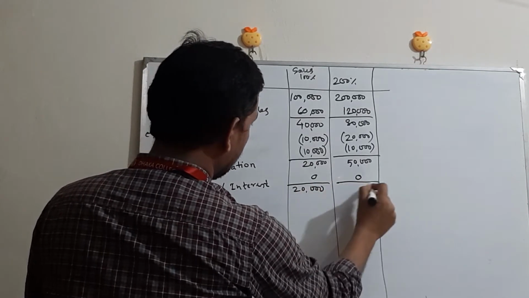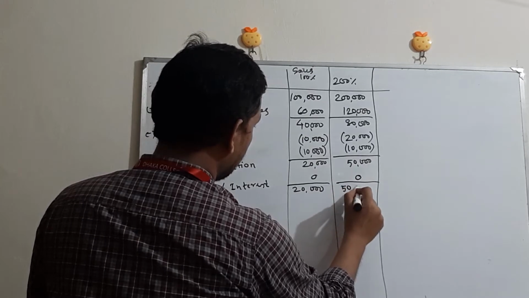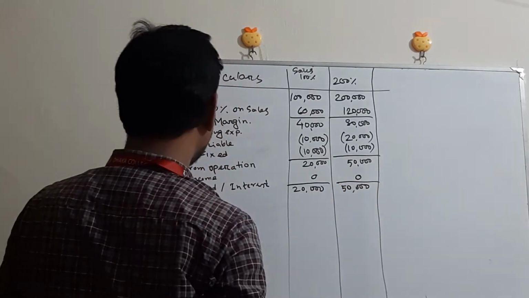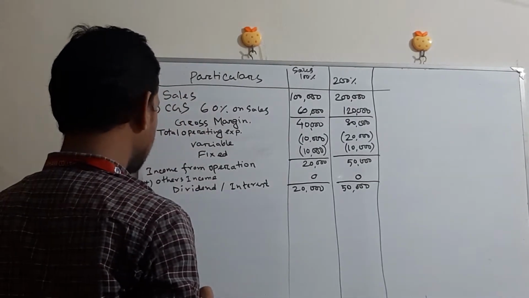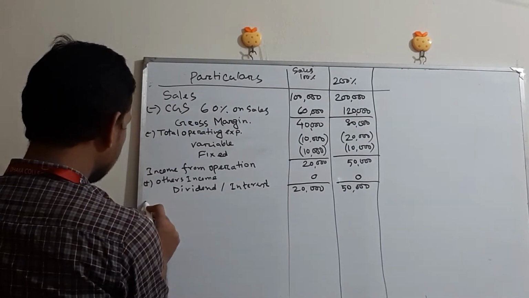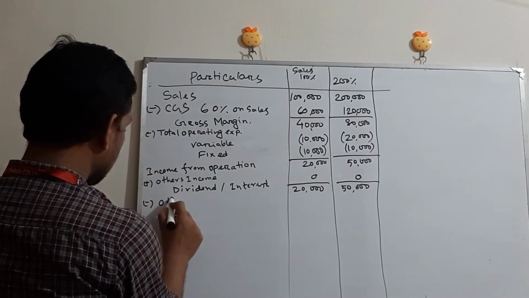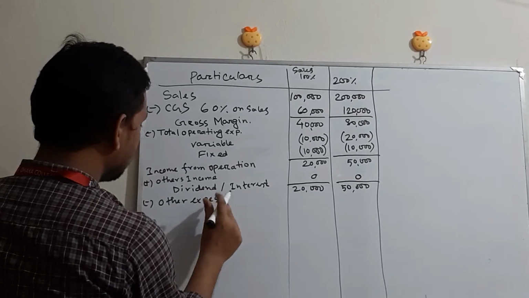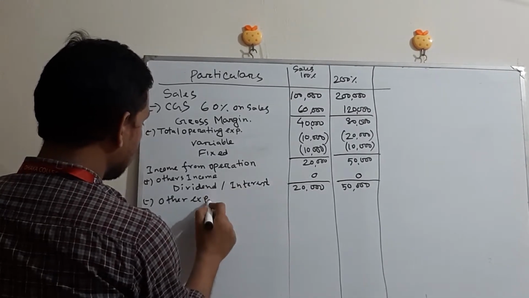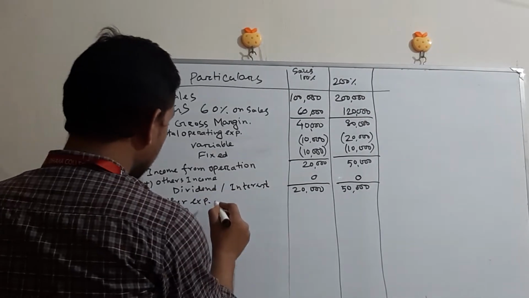20,000 taka and then 50,000 taka. Then less other expenses and losses.